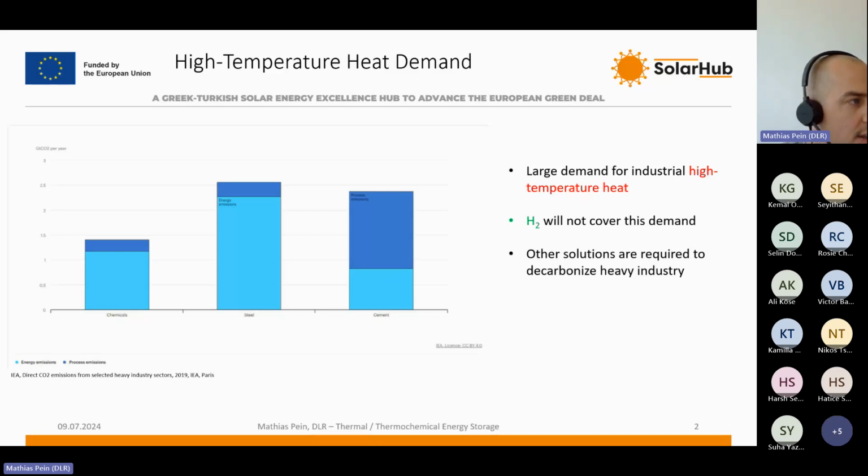So here you can see the high temperature heat demand of three of the biggest industries globally: the chemical industry, steel production, and cement production, where I would like to highlight that the heat demand of the production is the biggest source of CO2 emissions.